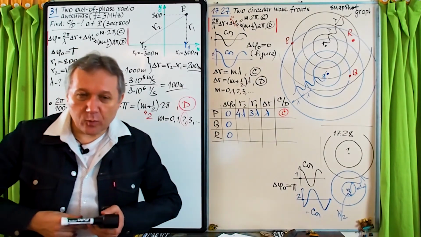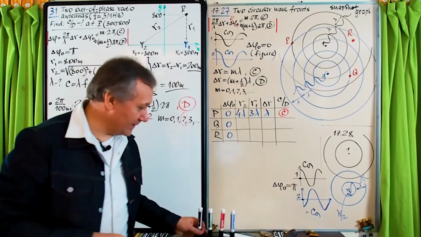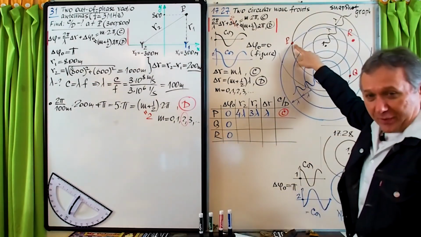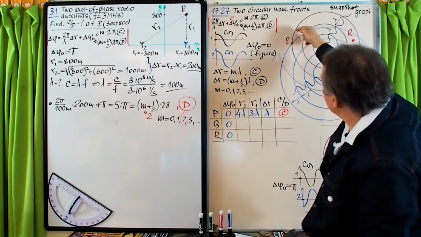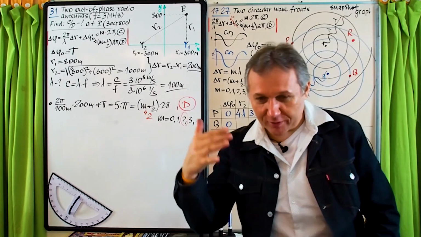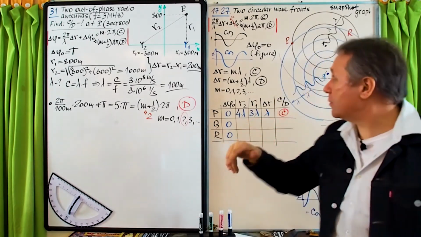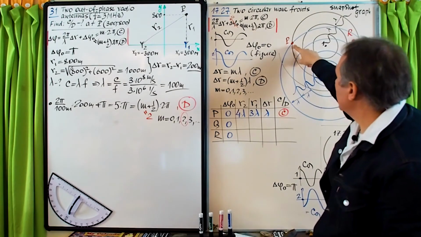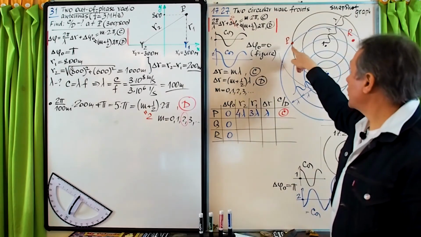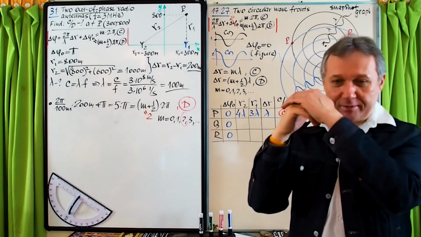There is an easier way of getting to the conclusion almost immediately. Look, at the point P, the black line intersects the blue line. What does that line mean? It's a wavefront, a collection of crests. So at point P we have a black crest, and on top of that a blue crest.